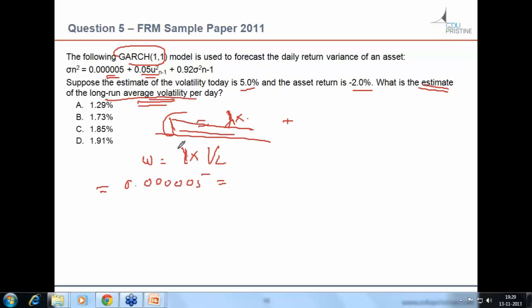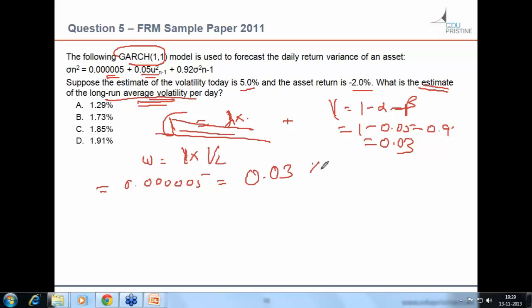Do we have the gamma value? No, we don't have, but we can estimate. How's the gamma value estimated? It's 1 minus alpha minus beta. We have the alpha value 0.05 minus 0.92. This gives us 0.03 the weightage. Okay, gamma is 0.03 into the long run average variance.